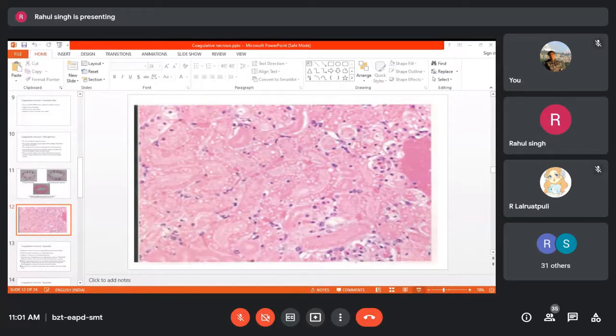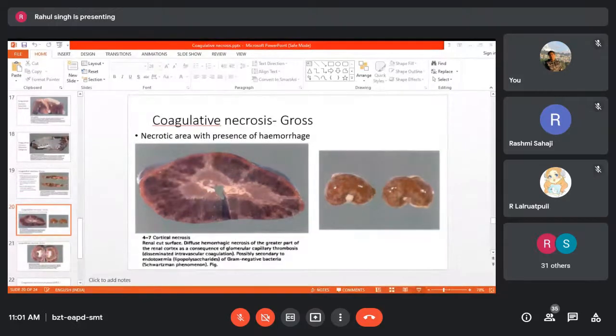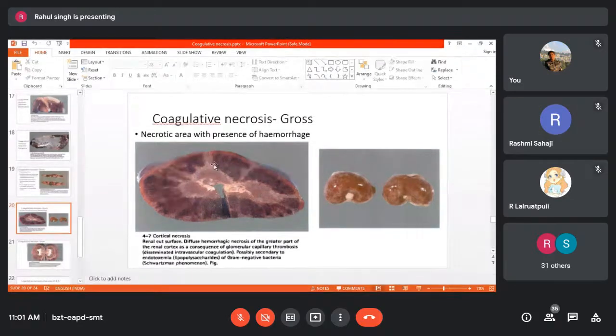Sir, slides are not changing. Okay, okay. Is it visible now? Yes, sir. Sir, can you repeat the previous parts? After the 12th slide, we cannot see anything. Okay.